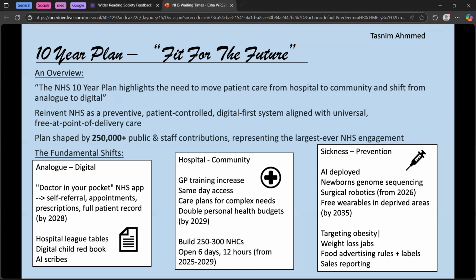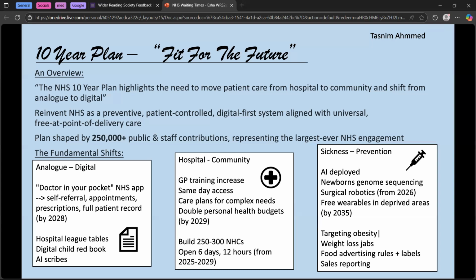The last fundamental shift would be from sickness to prevention, where, as mentioned earlier, AI will be deployed. And there is newborn genome sequencing, which is aimed to occur for around 100,000 newborns. Furthermore, there will be surgical robotics from 2026, currently being planned to help out at hospitals to create a more efficient, effective process.